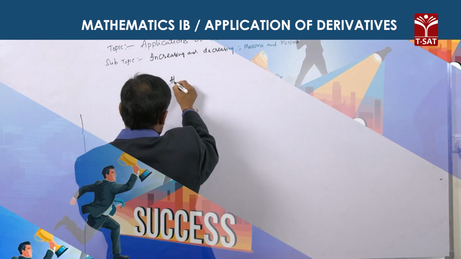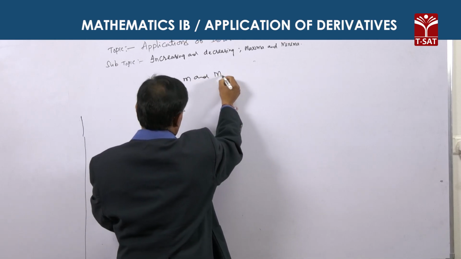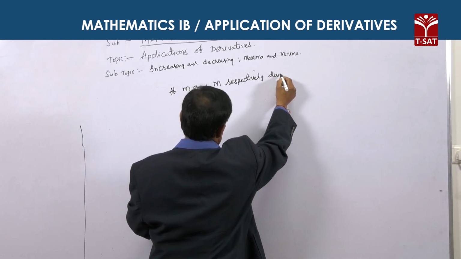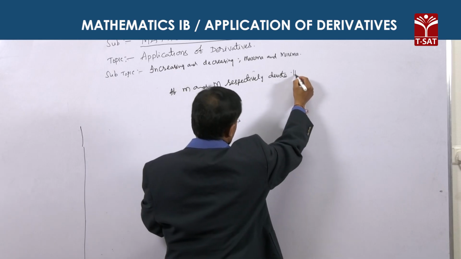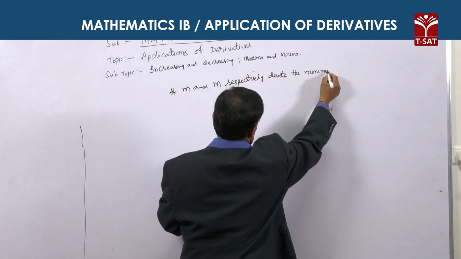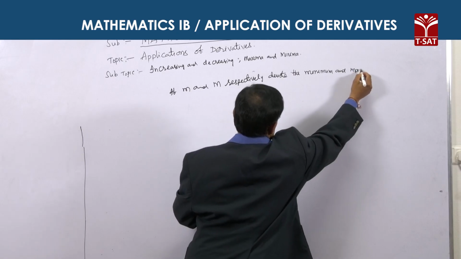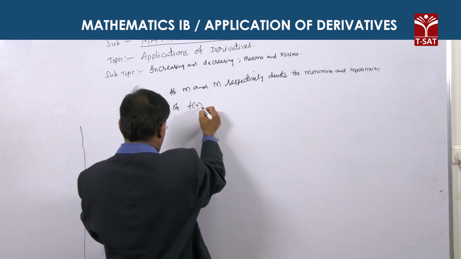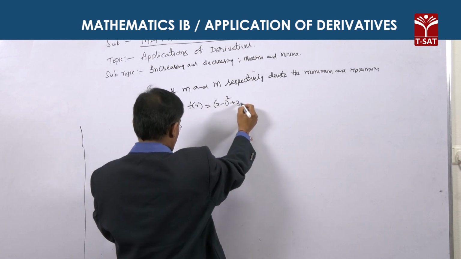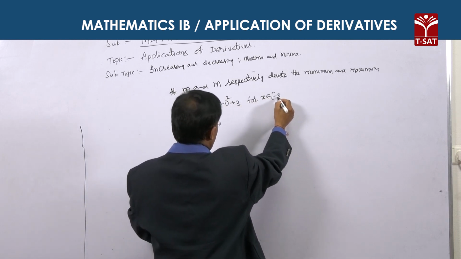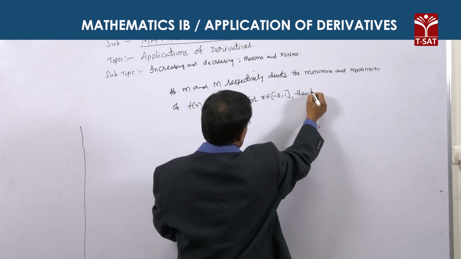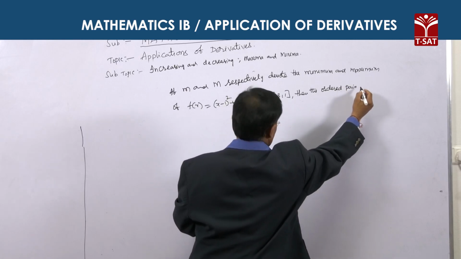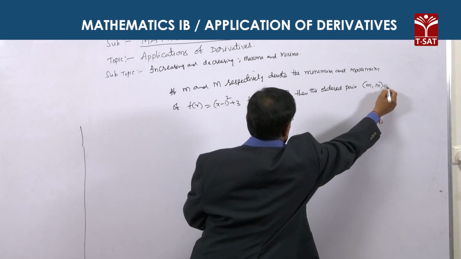Next question: if small m and capital M respectively denote the minimum and maximum of f of x equal x minus 1 whole square plus 3 for x belongs to closed interval minus 3 comma 1, then the ordered pair small m comma capital M equal to dash.